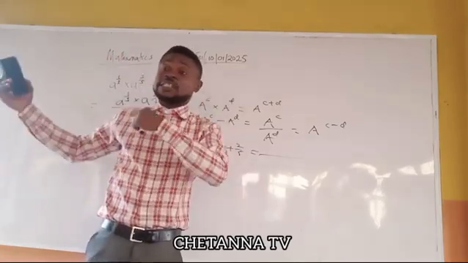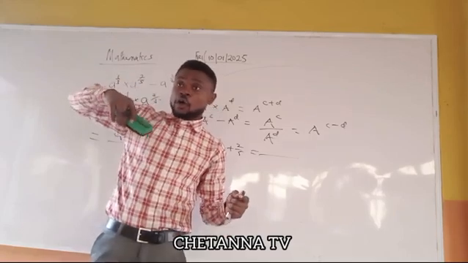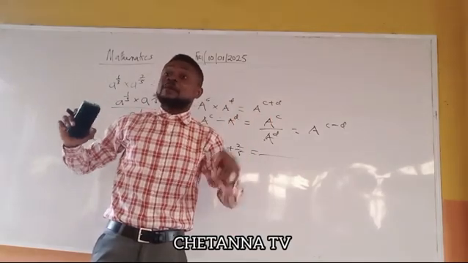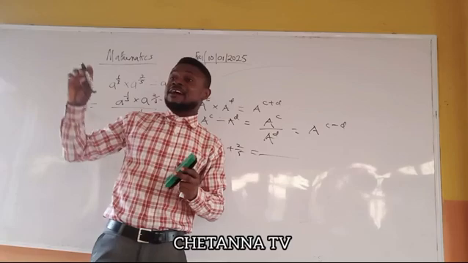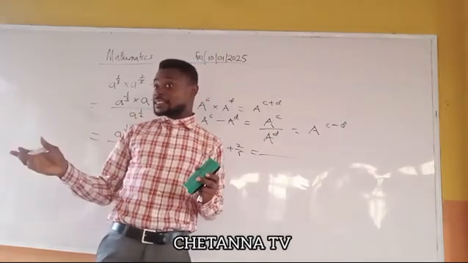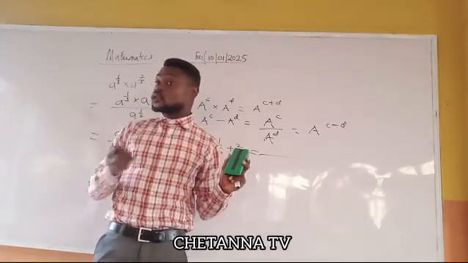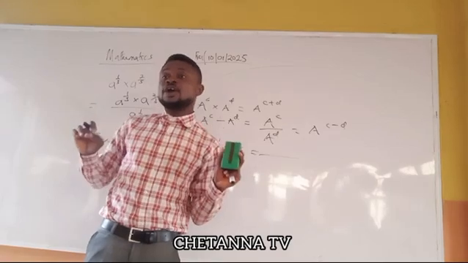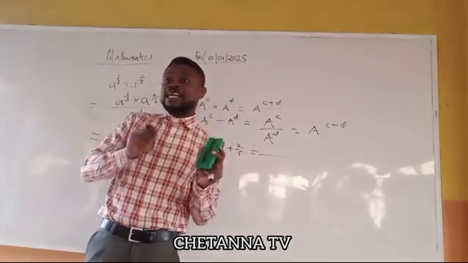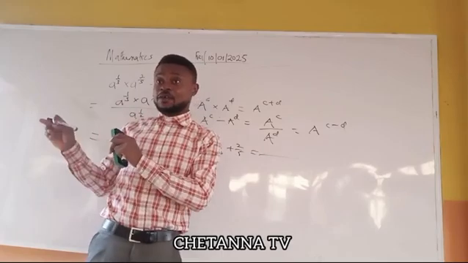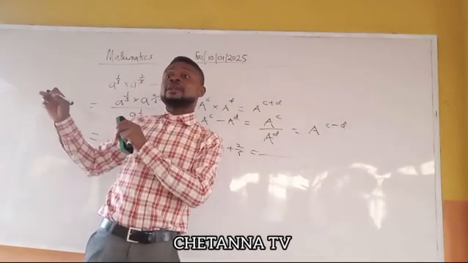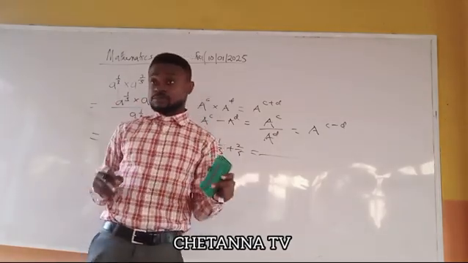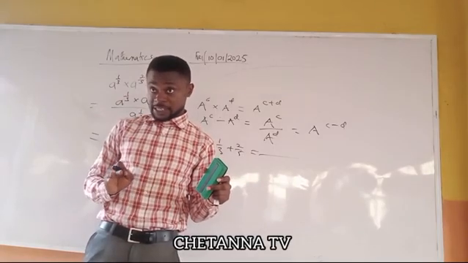In a nutshell, 2 can divide 4 comfortably, so 2 is a factor of 4. And because 4 can be divided by 2, 4 is a multiple of 2. Is it clear?